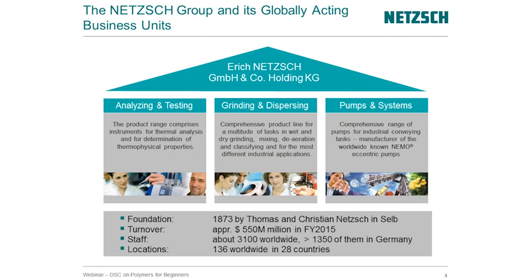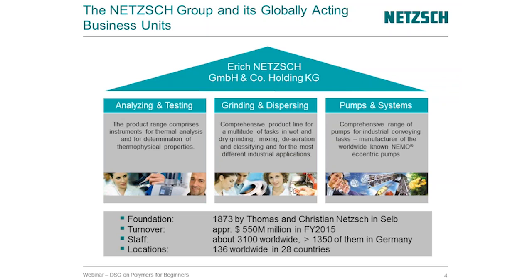And so that got us involved in the area of thermal analysis, starting all the way back in the 1950s. We started to develop some of the very first thermal analysis equipment to characterize these ceramics and porcelain materials. And as the years have gone by, we've greatly expanded the line to get into areas, for example, the focus today on polymers.